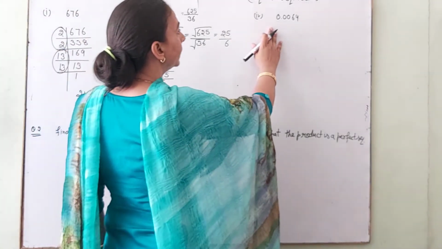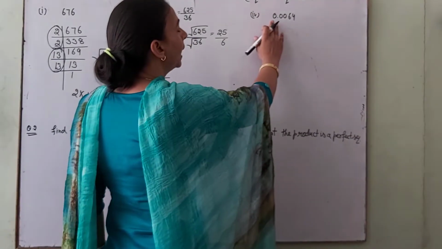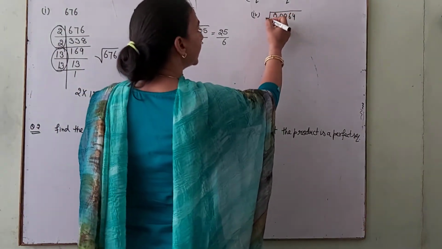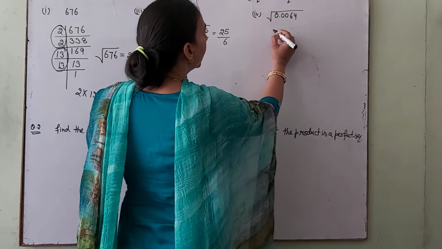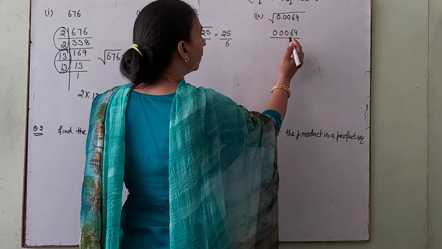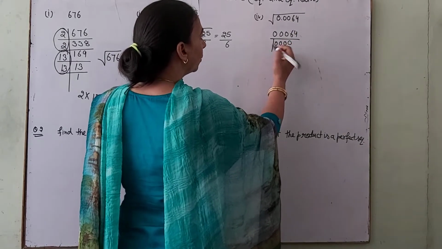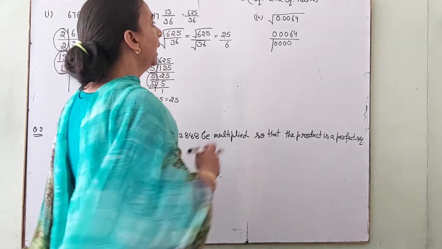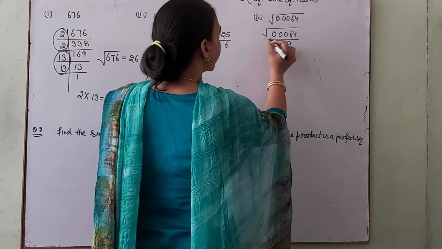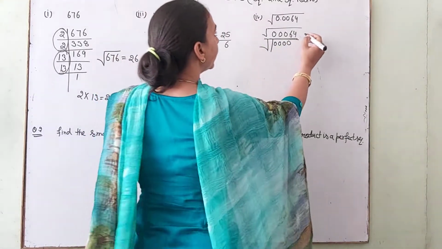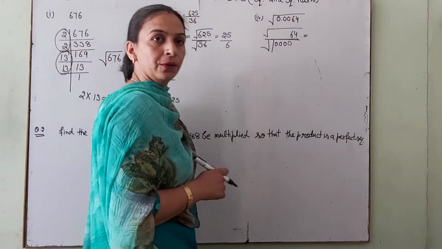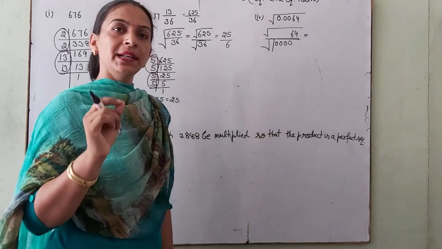Next, the fourth part of the first question: the square root of 0.0064. First we write this as 64 divided by 10000, with four digits after the decimal point. We find the square root of each. The square root of 64 is 8, since 64 is the square of 8.